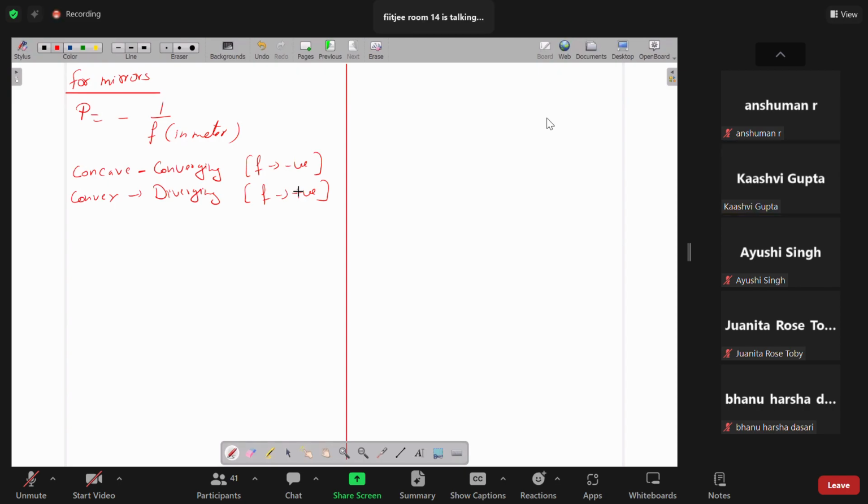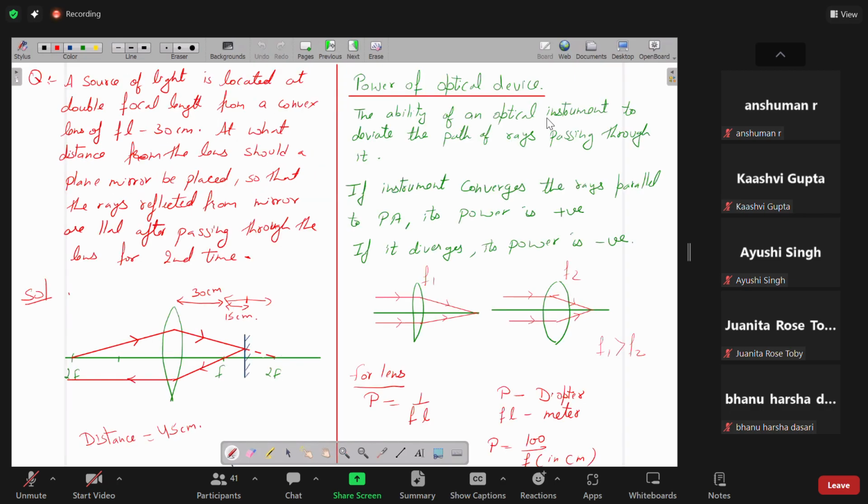Yeah. Convex lens is a converging lens when it is kept in air or a rarer medium. Okay. And concave lens is a diverging lens. Done? Can you go to the previous slide for a second? Yes, ma'am.